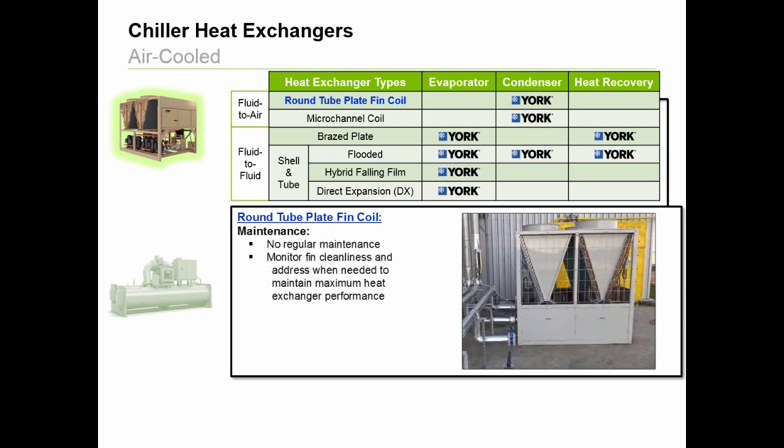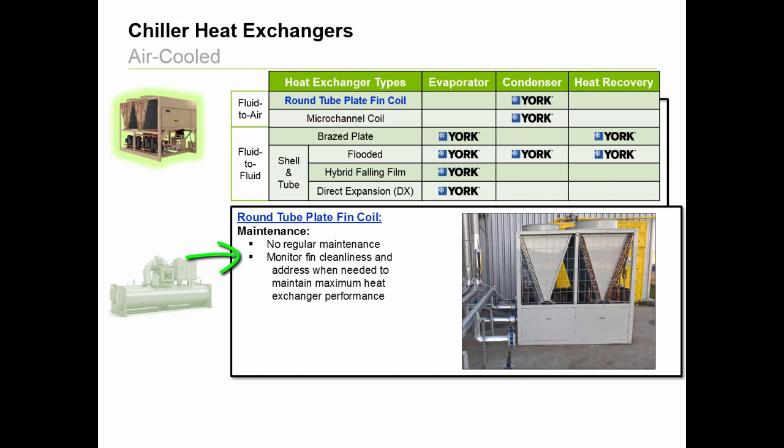Regarding coil care, there are no standard maintenance requirements. However, facility owners or operators should monitor fin cleanliness and care for the coils as needed to ensure maximum performance. Dirt and debris buildup on the coil will lead to increased chiller energy consumption and reduced capacity, which in some applications will lead to additional chillers being cycled on to meet the building load.